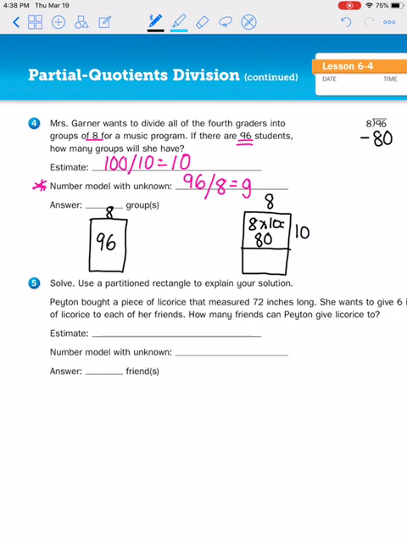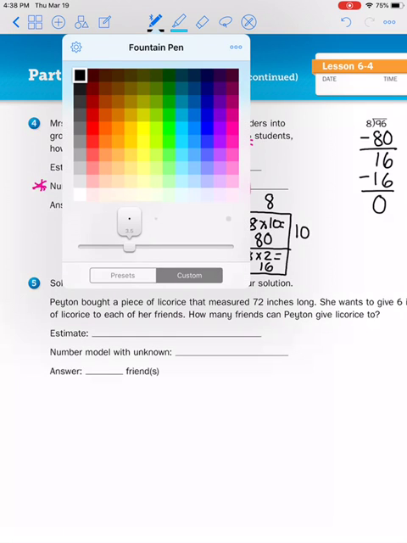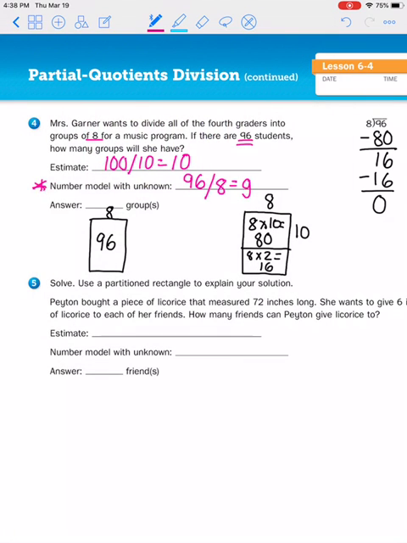So I'm going to subtract 80 from 96, and I'm left with 16. Now, I know that 8 times 2 equals 16. And I'm left with no remainder. So Mrs. Gardner is going to take 12 groups to the music program.